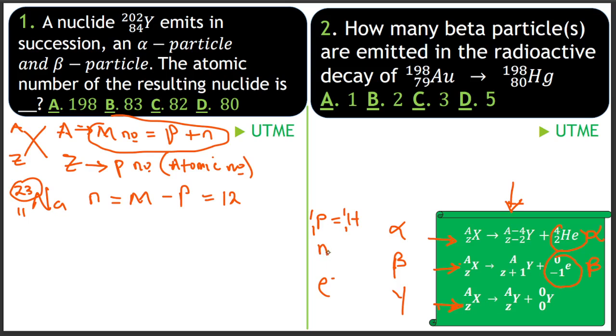Now the neutron has the same mass as proton, but it has no charge. So 0 will be down here. Electron has 0 mass and the charge is -1. Now, normally we regard the mass to be 0 because it is so infinitesimally small that you can actually regard it to be 0 when compared with that of proton.